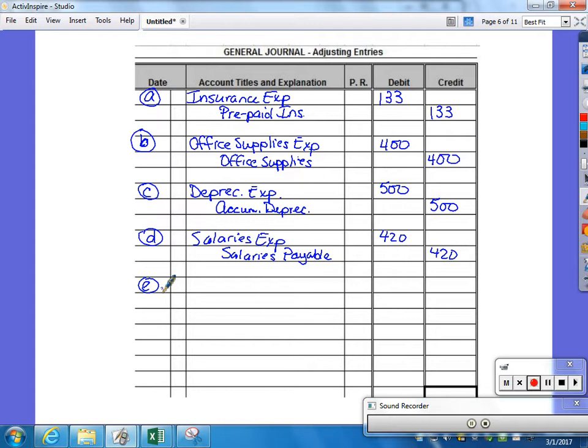Letter E says the company earned $1,750 of commissions that are not yet billed at month end. Debit accounts receivable for $1,750 and credit what? Commissions earned.